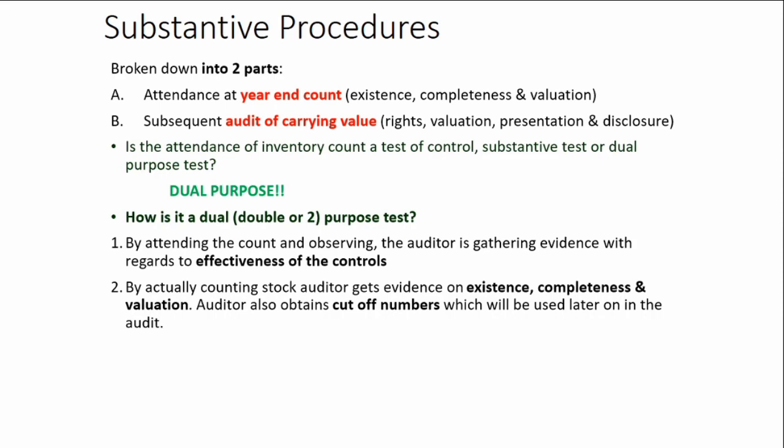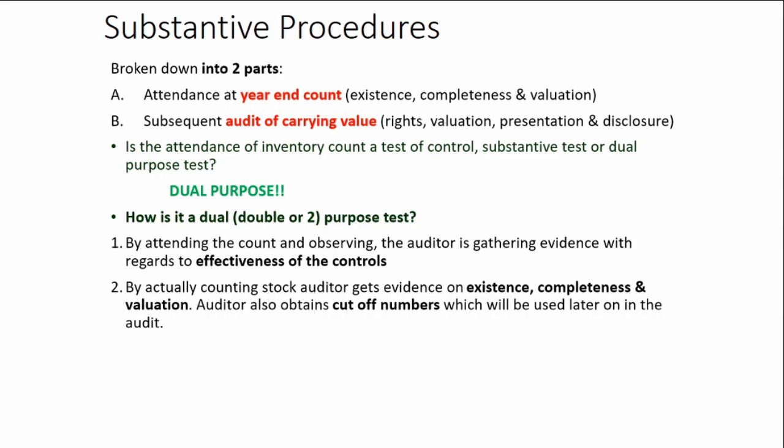So notice in an audit, and you need to remember this as students when you go out into practice, when you're auditing inventory, it doesn't exist as a silo. Yes, it is an audit section and it will generally be allocated to one person, whereas the accounts payable will be allocated to probably a different trainee, but you really cannot treat it as a silo test. It has to interlink.